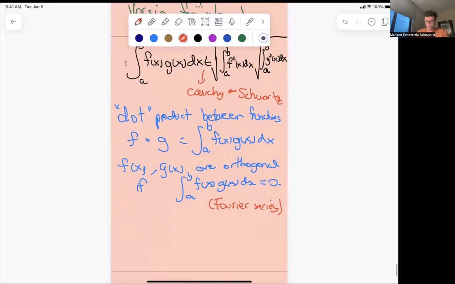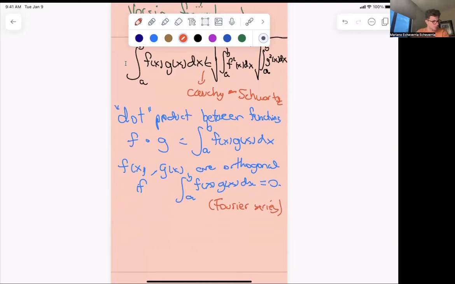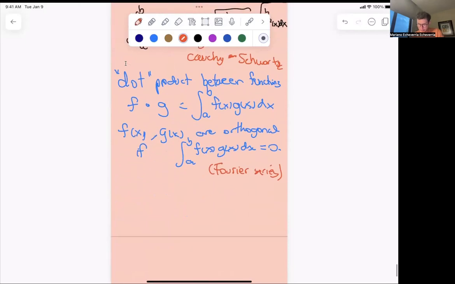Right. So the version for expected values is that the expected value of xy, there's a version for expected values you can find, is something like this.